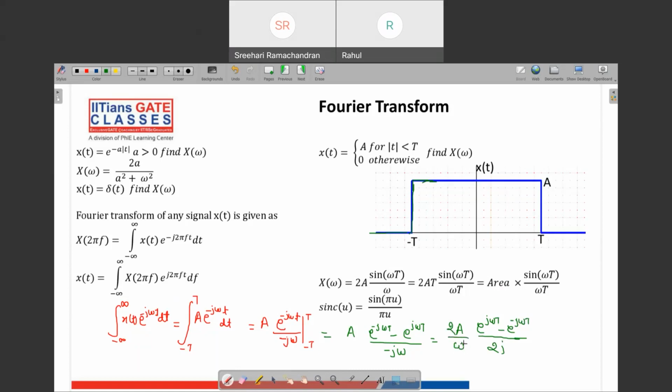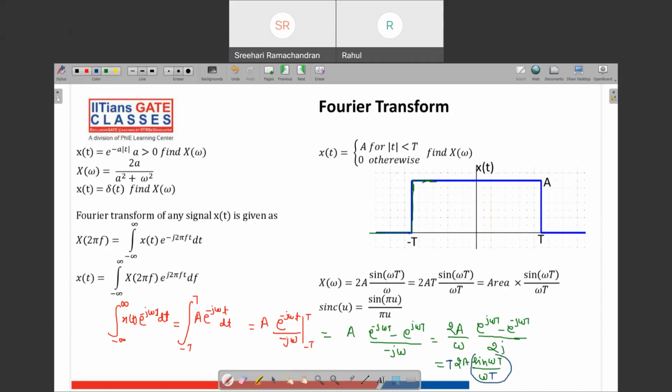I have done some rearrangement here. So after that I am getting this one, and you can write it as a sine omega capital T into 2a divided by omega. Now this one you can also write with a capital T division and capital T multiplication.